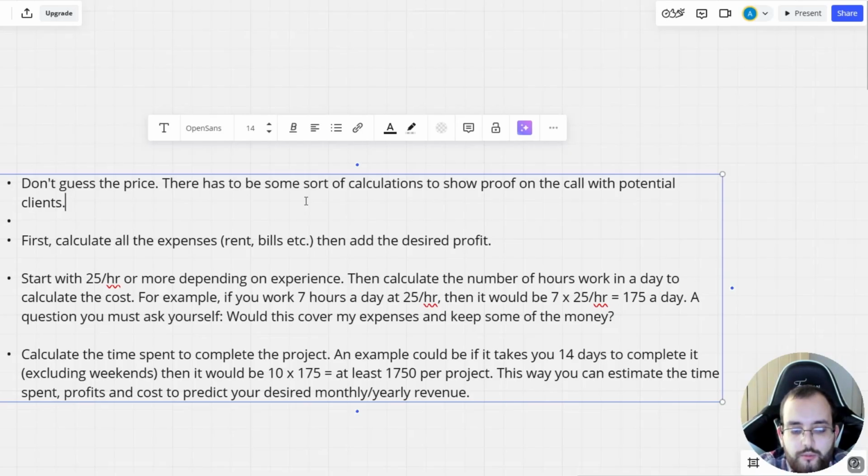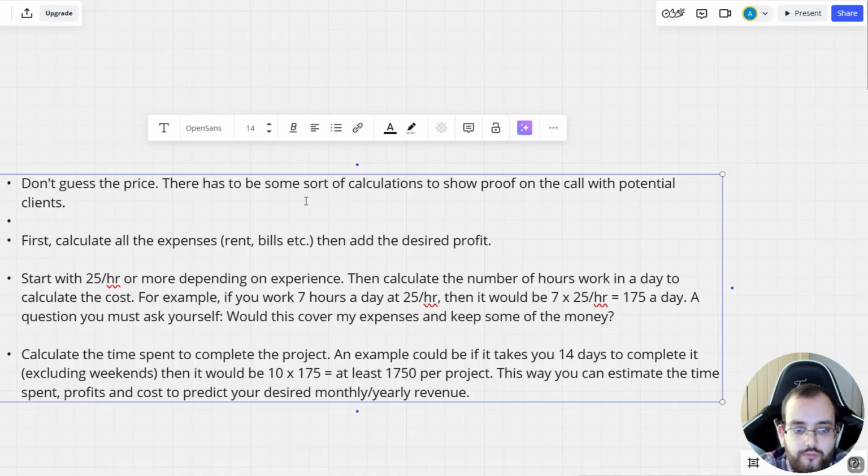So it is very, and I mean very important to show calculations on the call, not before the call, not after the call, on the call, so that it will build trust and credibility with your clients. So hopefully in the future you will get more clients if you do this first step.